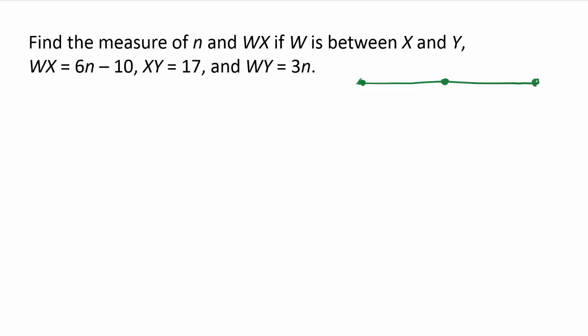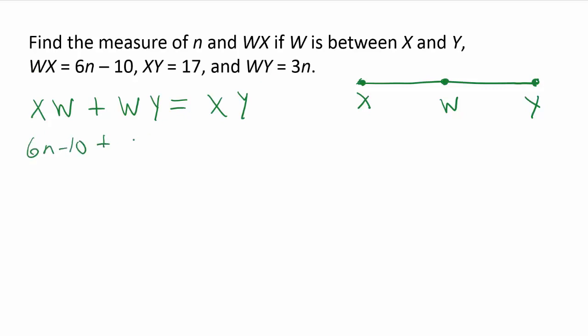W is going to be between X and Y. So if we were to write an equation, it would be XW plus WY equals XY. Let's go ahead and plug in what we know. XW, which is the same as WX, is 6N minus 10 plus WY, which is 3N, equals XY, which is 17.